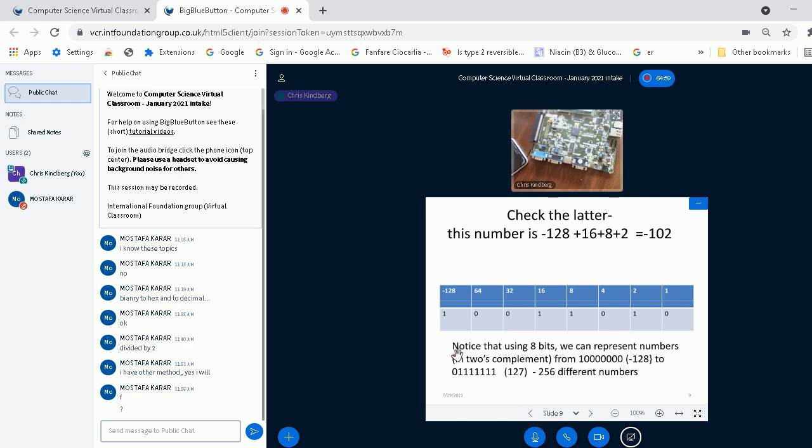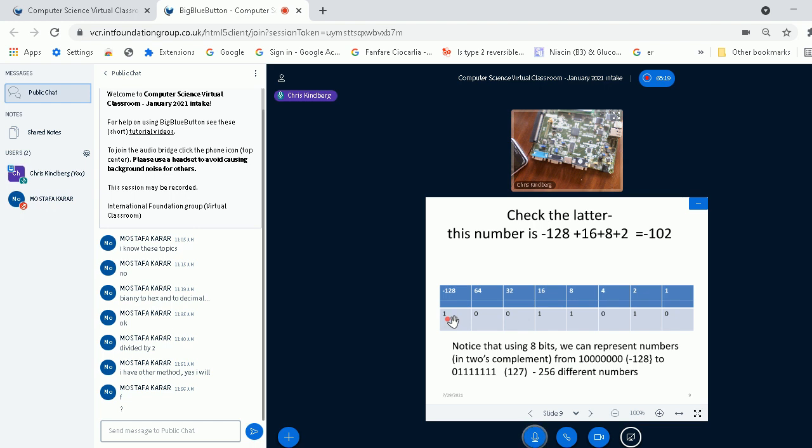So notice one thing. Using 8 bits, we can represent the numbers in 2's complement from, if you had a 1 here and everything else was 0, you'd be representing minus 128.